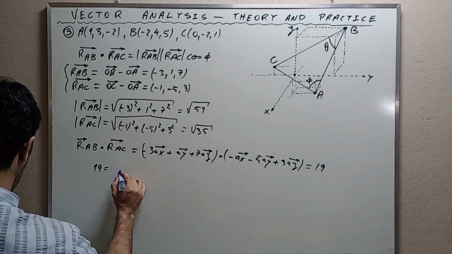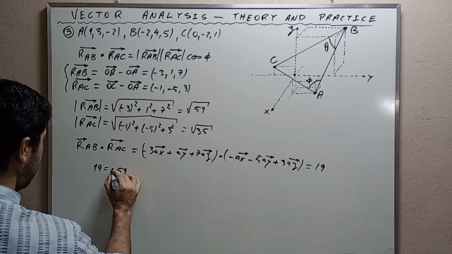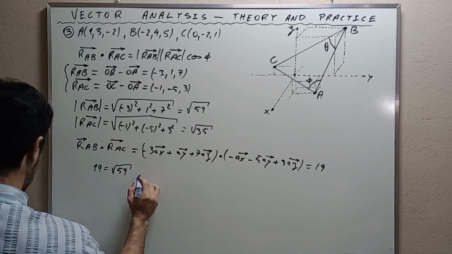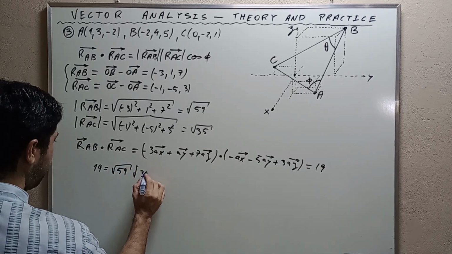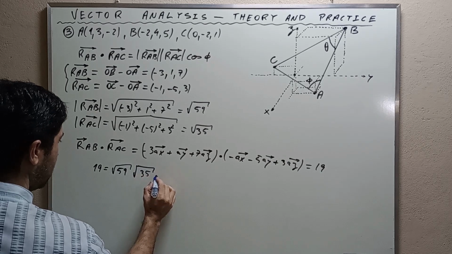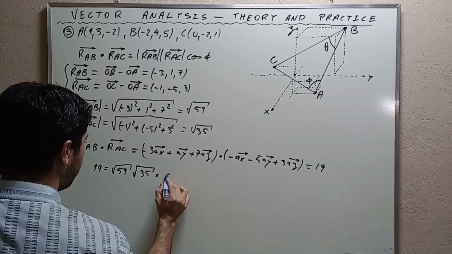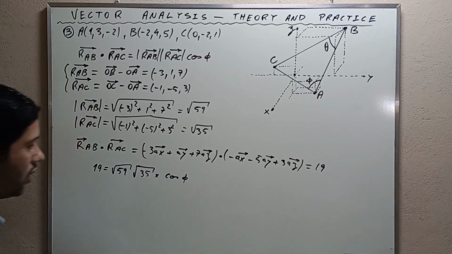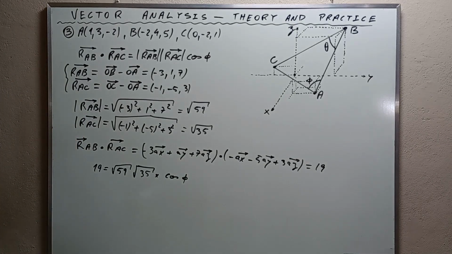It is the square root of 59 times the square root of 35 times the cosine of the angle we seek to find. And we simply pass this dividing.